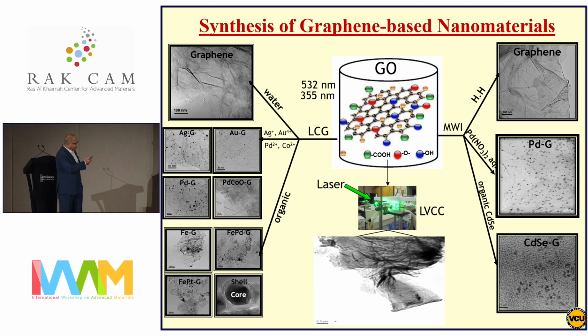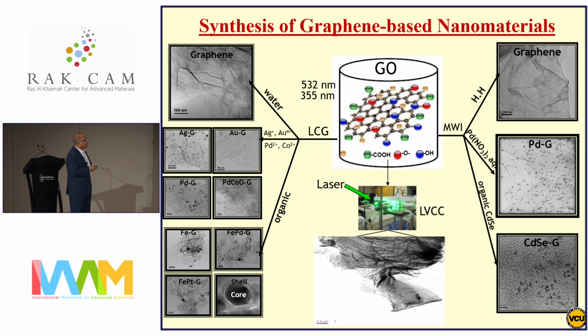Either laser irradiation, which does not involve any reducing agent to reduce the palladium ion into palladium. I'm talking about palladium, but this can, of course, be any other metal ion, like I'm showing here, silver, gold, and many others. So one approach is to use laser irradiation for the reduction of the metal ions. The other approach is to use a chemical reducing agent under microwave reaction conditions.